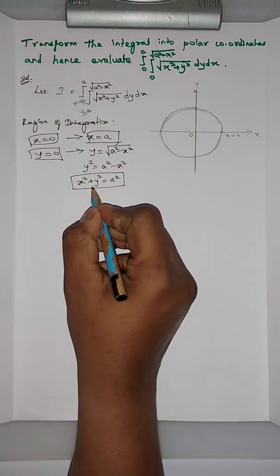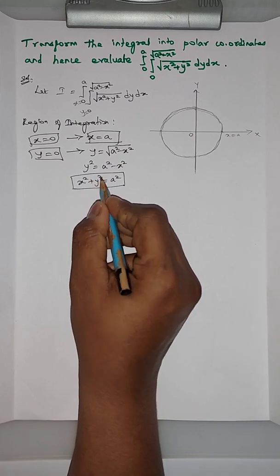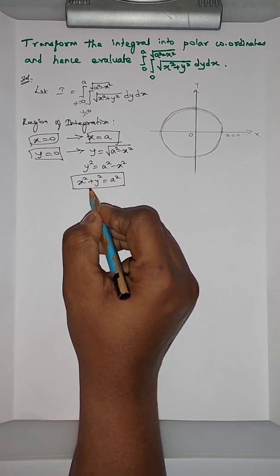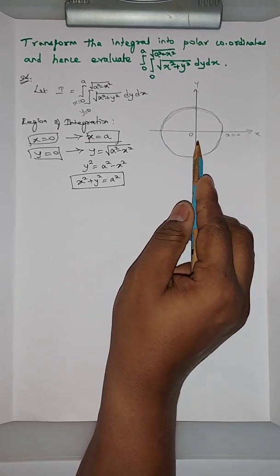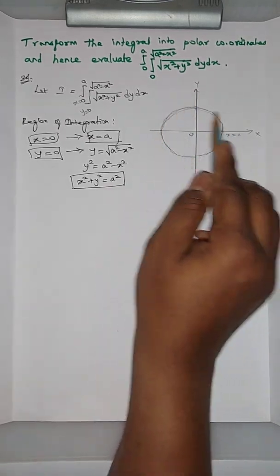So the center is 0, 0 here. X square plus y square is equal to a square, which means the center is the origin 0, 0 and the radius is a. So the circle becomes this way.